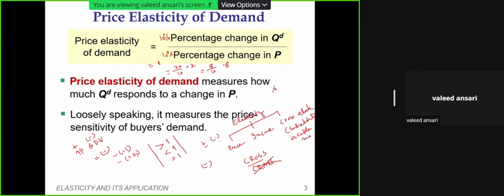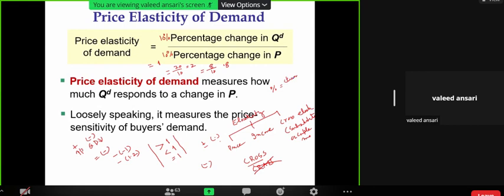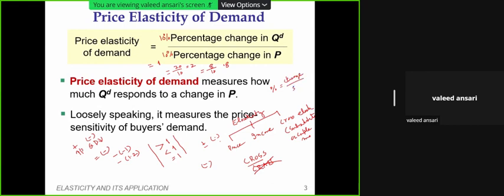In order to find out percentage change, simply it is the change divided by the starting point, from where it started, the beginning. Whatever change is there, we divide it by the starting point. For example, change in price divided by P0, from where it started. This is the formula for calculation of that.